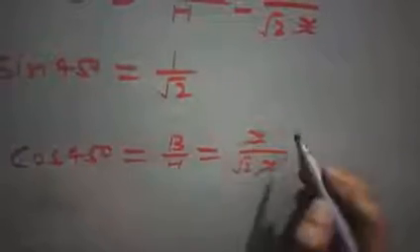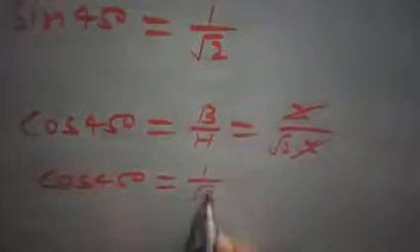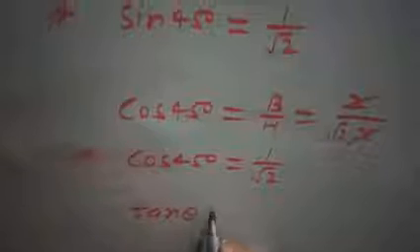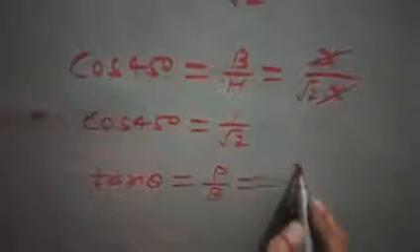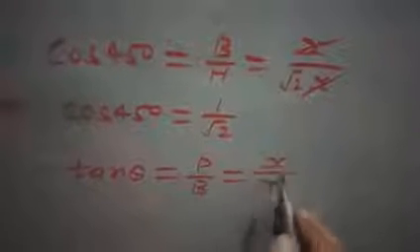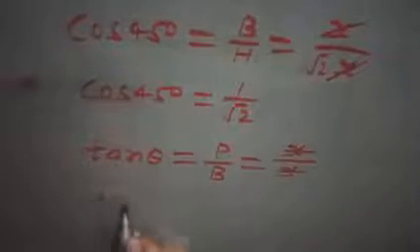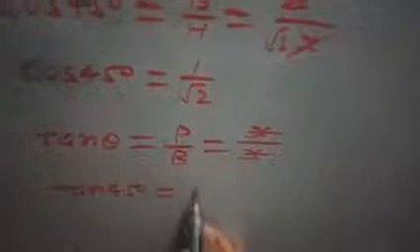Now x can be cancelled out, so cos 45 degree equals to 1 by root 2. Now tan theta is equal to perpendicular upon base, that is x upon x, so cancelled out. So tan 45 degree equals to 1. So this is the method by which we can get the value of sin 45, cos 45 and tan 45.